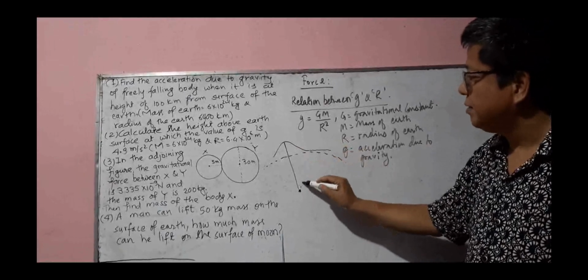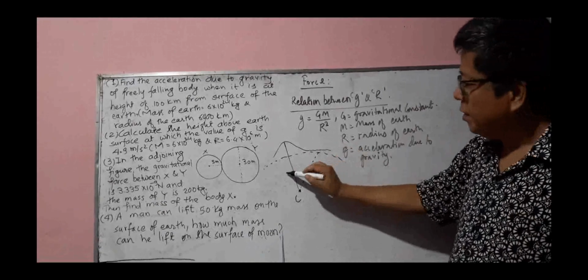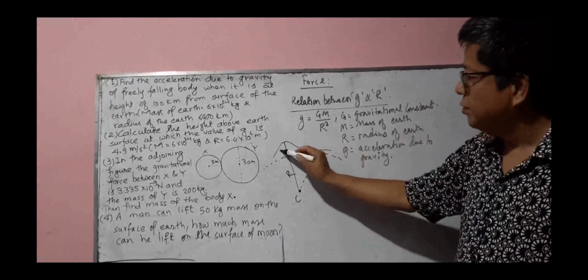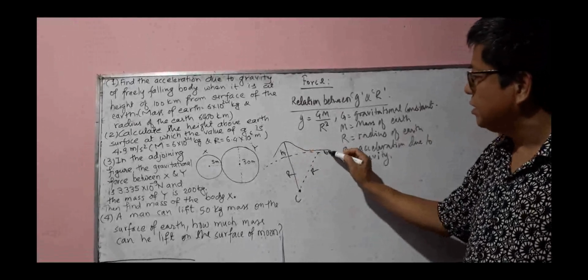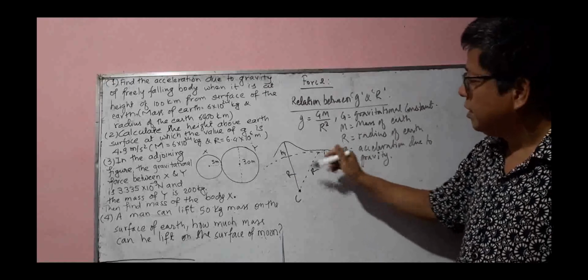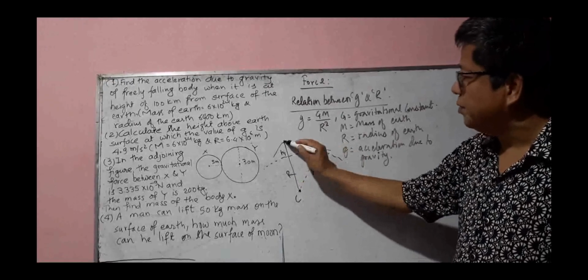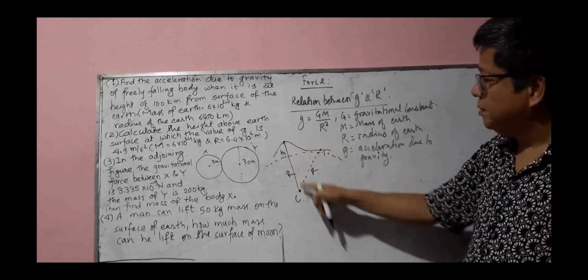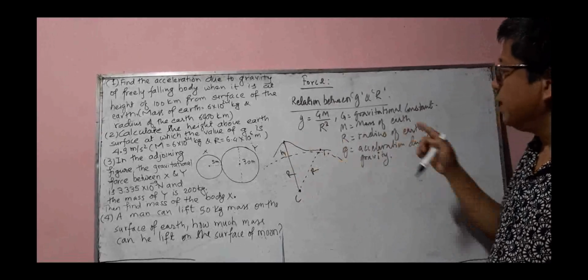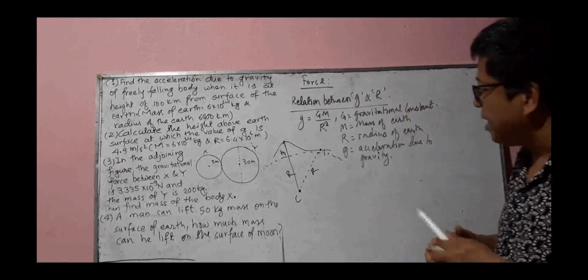If it is the center of the Earth, then look at this R and R. So this is R1 and this is R2. Say this height. And so the radius at this point and at this point is different. They are not the same. So R is variable.